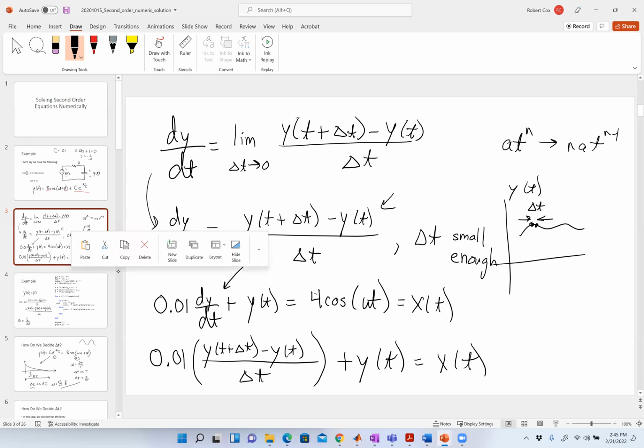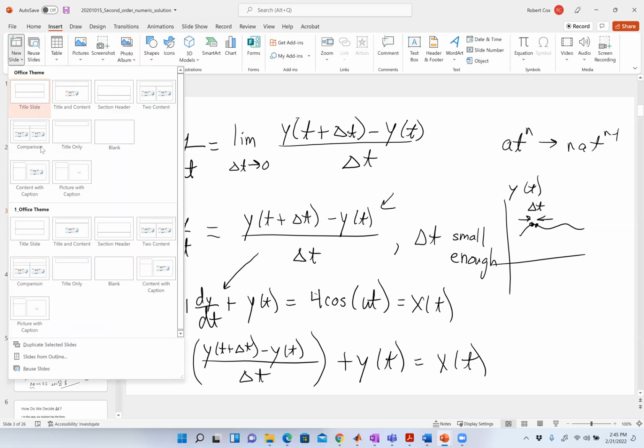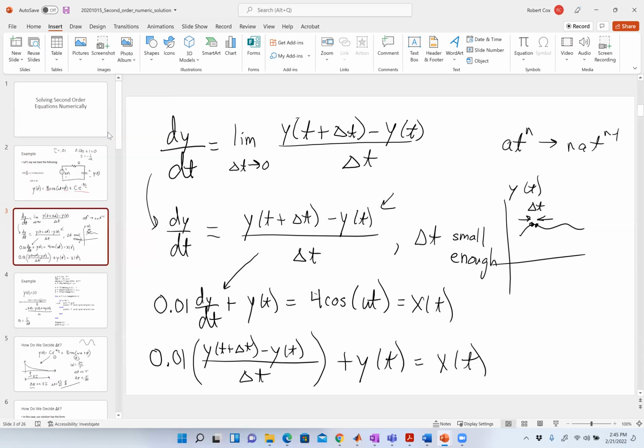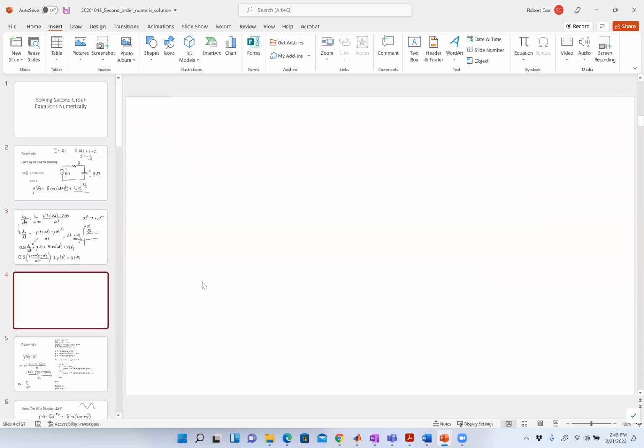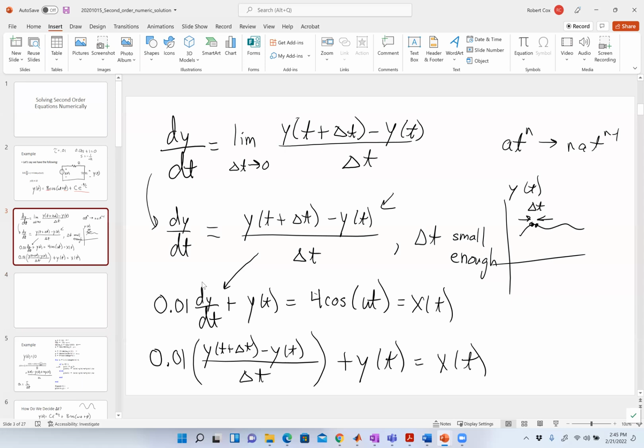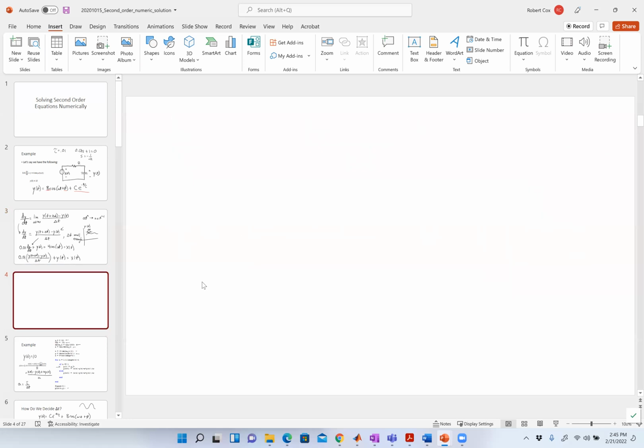Okay, you guys aren't quite ready for me to just jump right into solving this, right? So if I have that expression at the bottom, what I'm doing is I say, okay, at time t equal to 0, I know that x of t equals 4 cosine omega t.